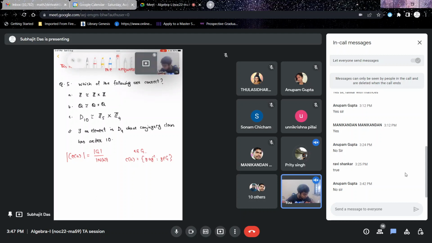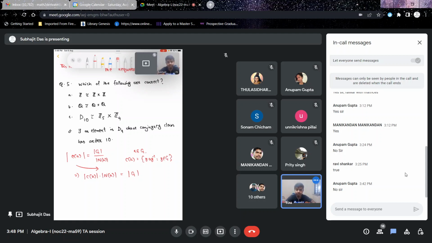So what I essentially mean by this expression is that the cardinality of the conjugacy class of A times the cardinality of the normalizer of A is equal to the cardinality of G. In other words, the cardinality of the conjugacy class of A divides the cardinality of G. In this case, D9 has 18 elements. So does it have a conjugacy class of order 10?